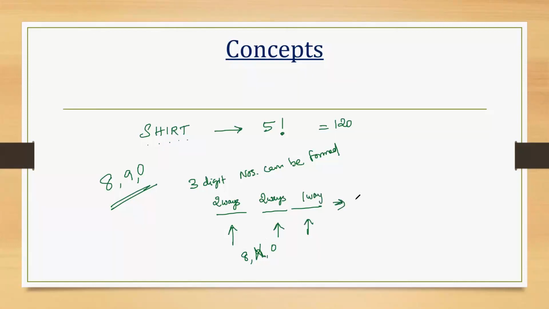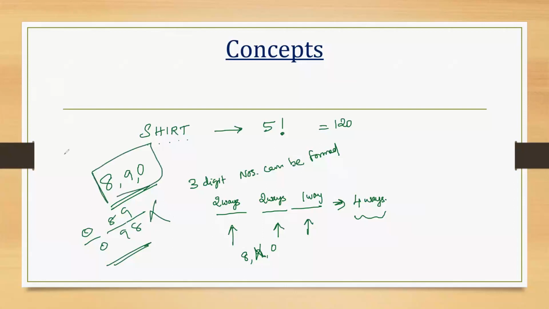So clear? Total 4 ways, not 3 factorial. If you say 3 factorial, then 0 may be in any place, maybe here as the first digit. So that case will be omitted. To arrange three numbers, we have 3 factorial, nothing but 6 ways.